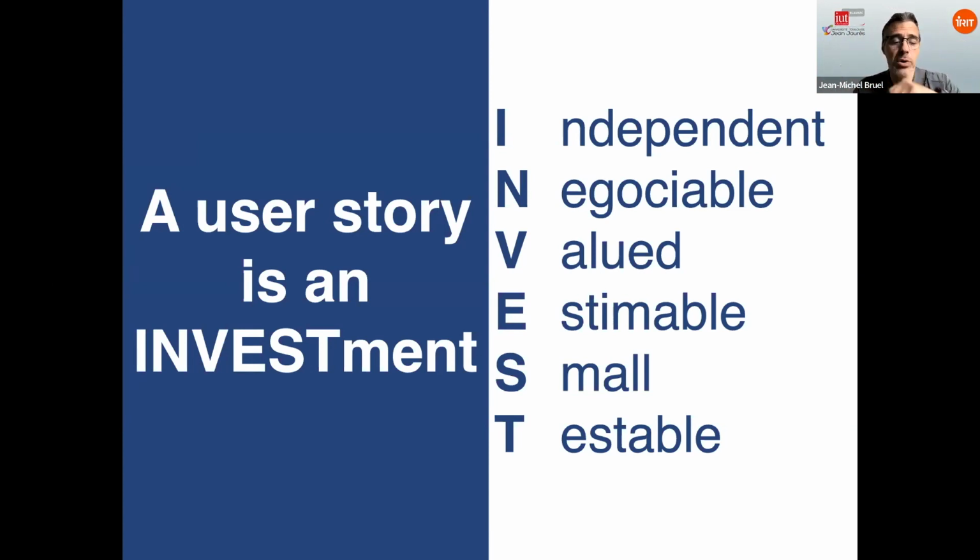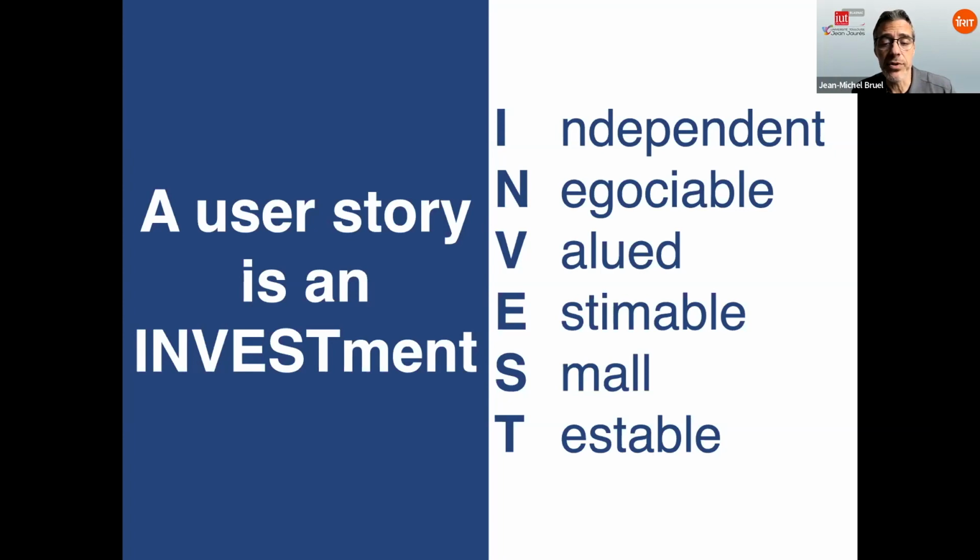It should be small in the sense that, while we have an iterative cycle, this user story should fit into one of those cycles, if possible. If it's not possible, maybe that means that this user story is too big. And this is, for today, the most important quality of all. It should be testable.